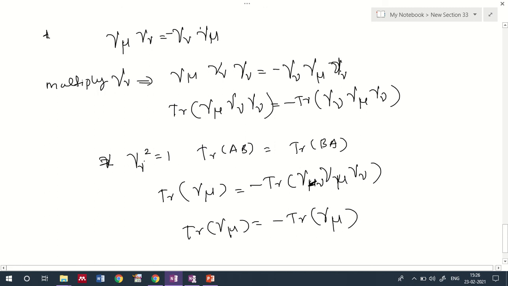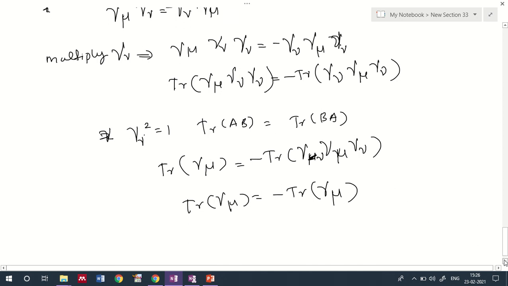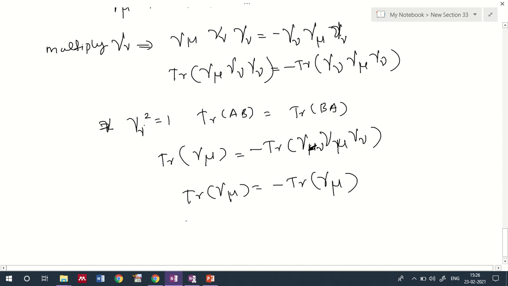So this equation can be represented in this form. If you take the trace, we get 2 times the trace of gamma mu equal to 0.